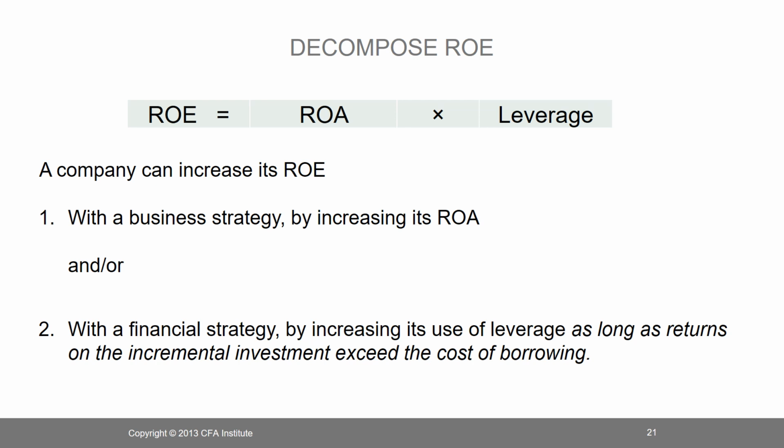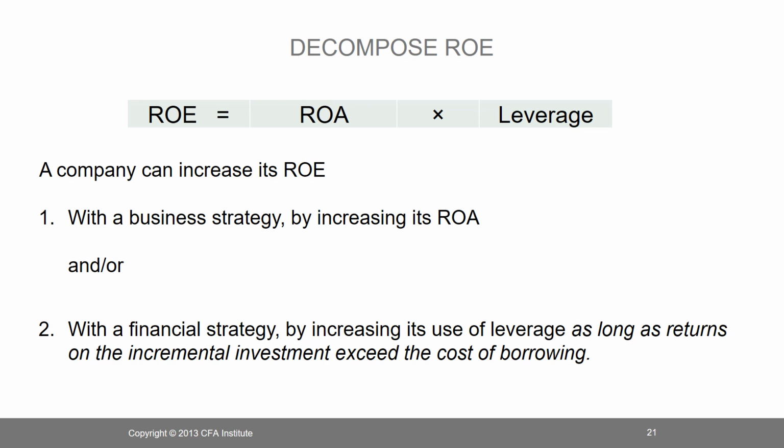Consistent with the definition given earlier, leverage is measured as average total assets divided by average shareholders' equity. So if a company had no leverage, no liabilities, in other words, its leverage ratio would equal 1, and return on equity would exactly equal return on assets. As a company takes on liabilities, its leverage increases.